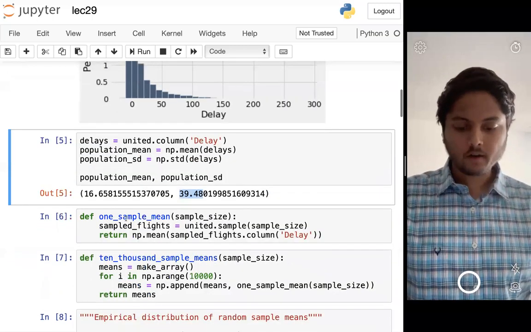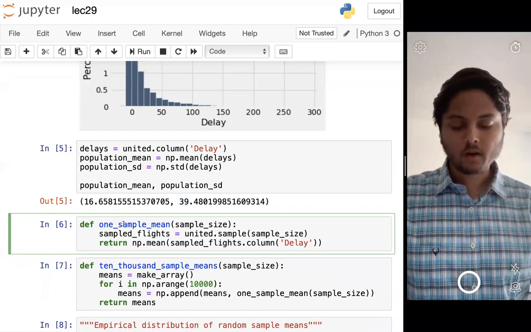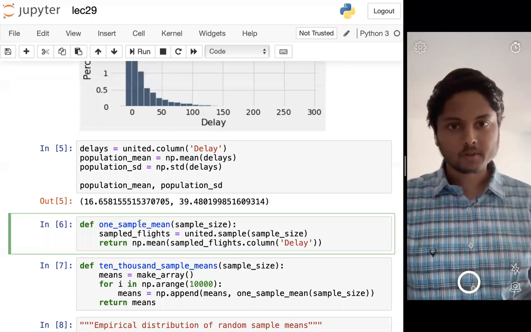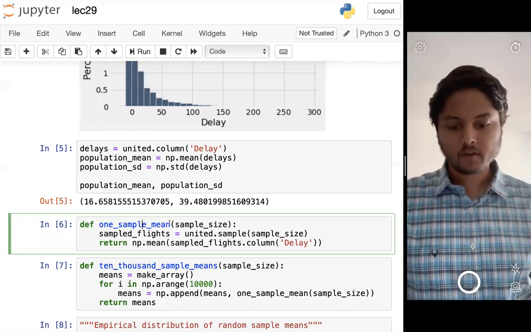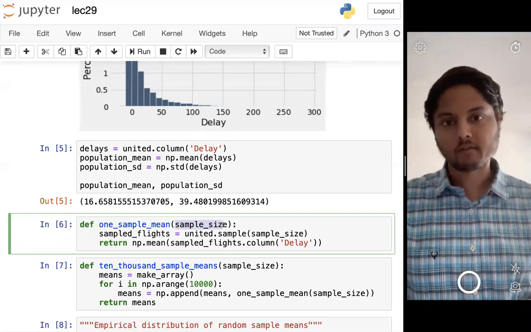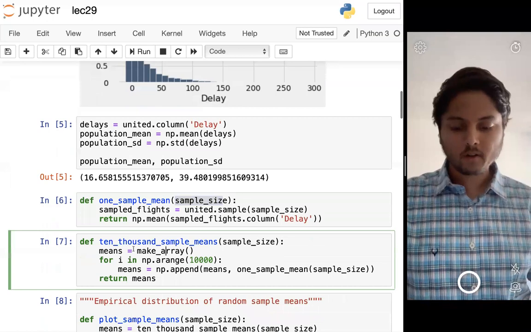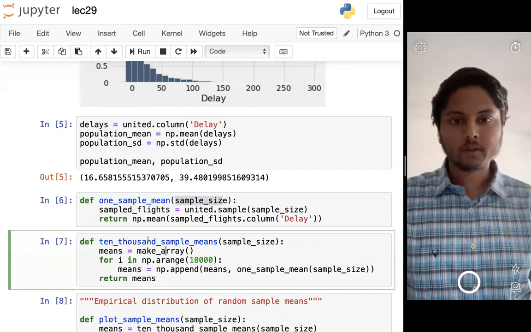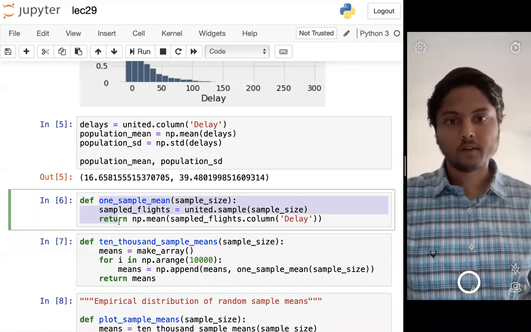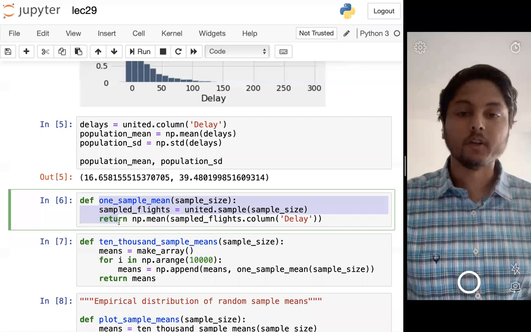And then we created a function which would allow us to simulate one sample mean. That function takes in a sample size, and then it will draw a sample of that size and calculate the average. So if you pass in 100 here, it's going to simulate 100 random flights and then take the average of them. Then we create another function, 10,000 sample means. What this does is that process up above in this function, but 10,000 times. This is for the purposes of simulation.